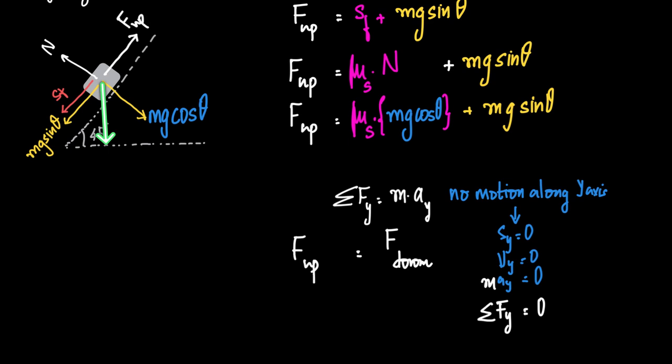Let me write it in full. Now what is the force acting upward here? The only force acting upward here is the normal reaction. So we have normal reaction N is equal to the only force acting downwards, which is mg cos theta. So we can write it over here, mg cos theta. So what is the value of N? N is equal to mg cos theta.